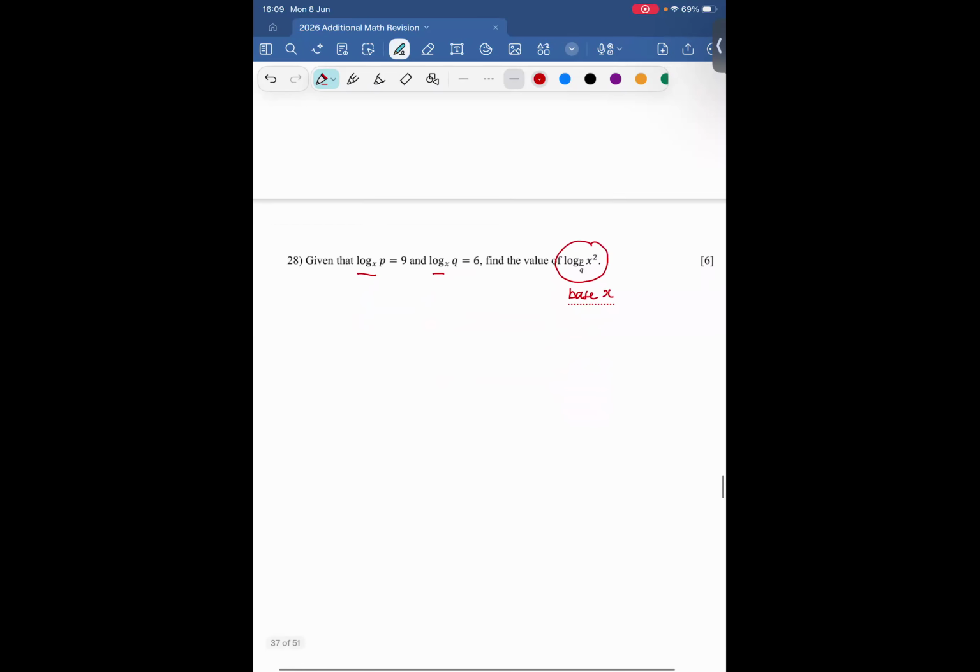Okay, if I use change of base, this will become log x squared over log x pq.